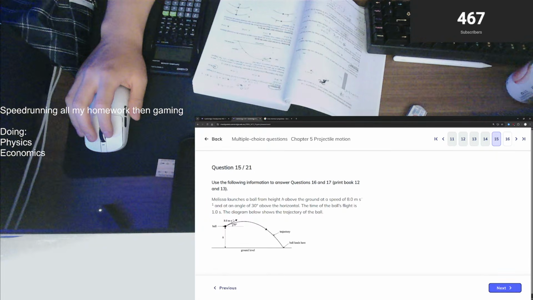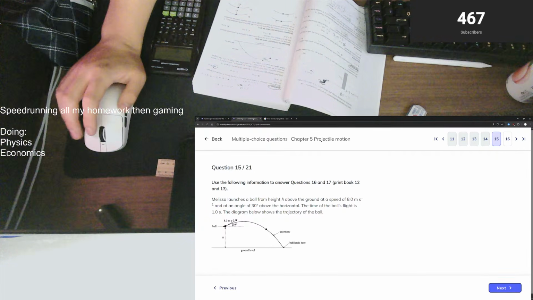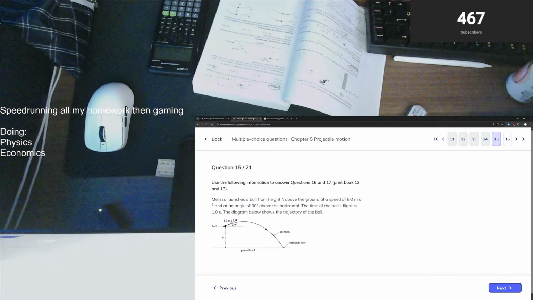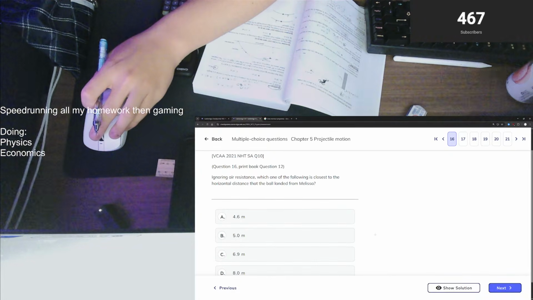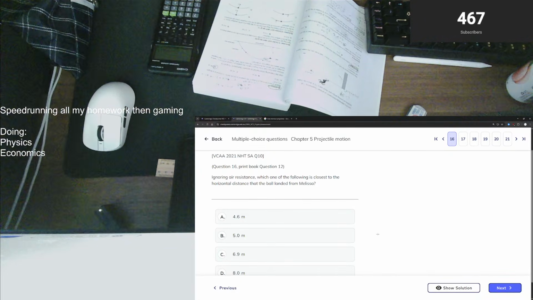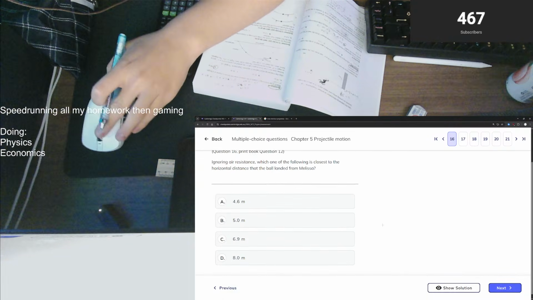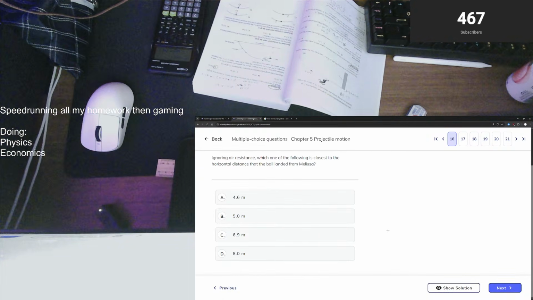Time of the ball's flight is 1 second. The diagram below shows the trajectory of the ball. Ignoring air resistance, which one of the following is closest to the horizontal distance that the ball landed from Melissa? What?